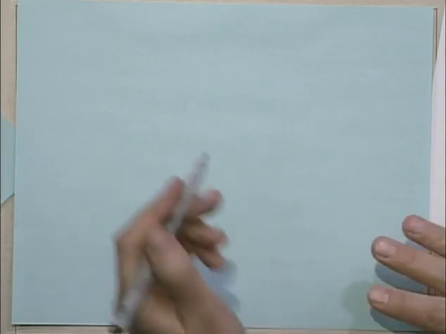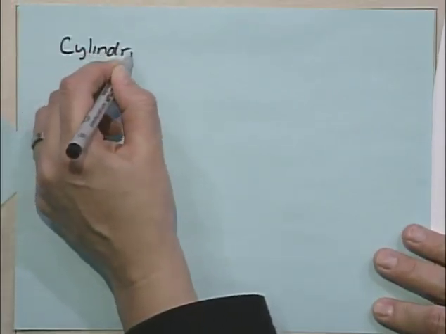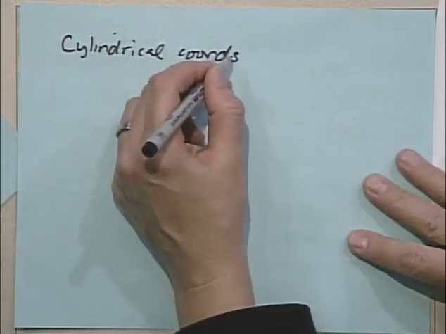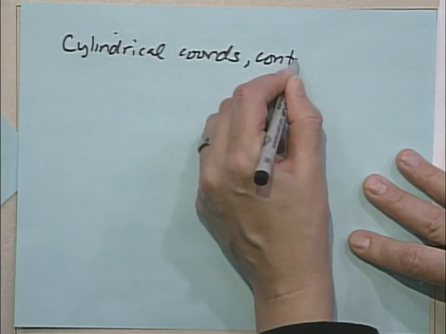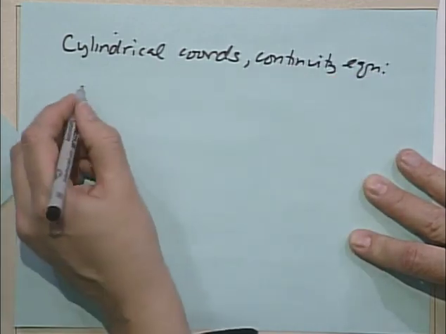If I look closely at the cylindrical coordinates for the continuity equation, it looks like this.